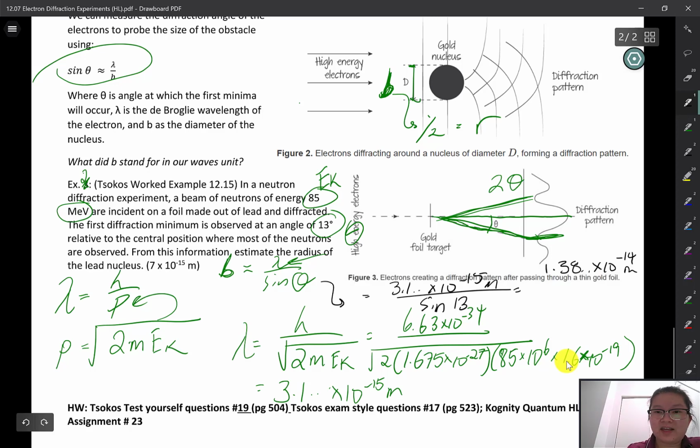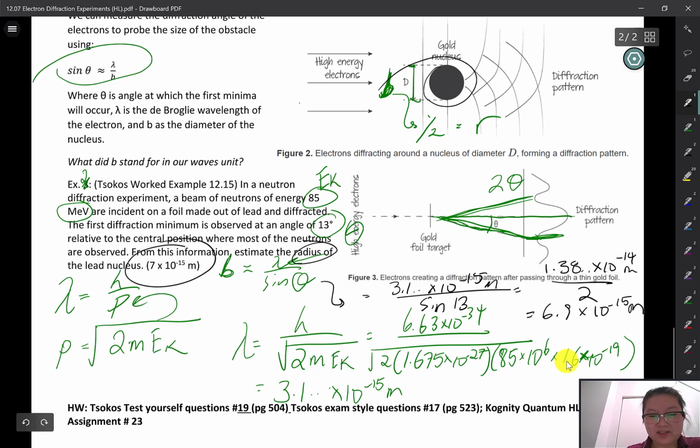And don't forget, that's the entire diameter of the nucleus. So to get the radius, we have to divide this by 2, which is going to give us 6.9 times 10 to the power of negative 15 meters, which is roughly 7 times 10 to the power of negative 15 meters.